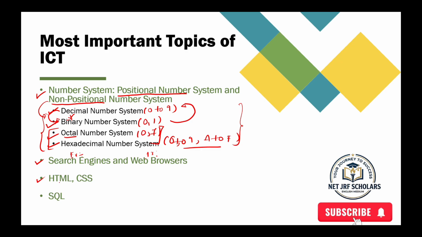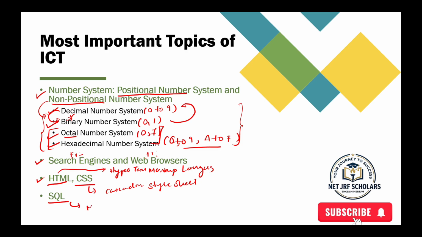There are 2 important languages, that's HTML and CSS. HTML means hypertext markup language, and CSS means cascade style sheet. Okay, and there is one more language.